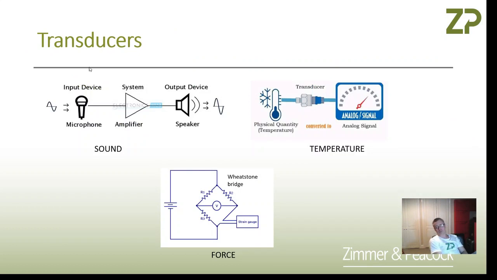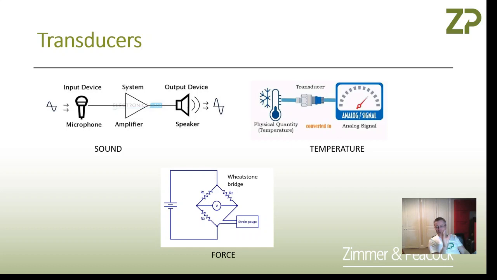Here are some classic examples of transducers. We have the microphone, which receives pressure waves. My voice is generating a pressure wave. The microphone responds to it, we get a small electrical signal that's amplified, and then it's outputted by the speaker.